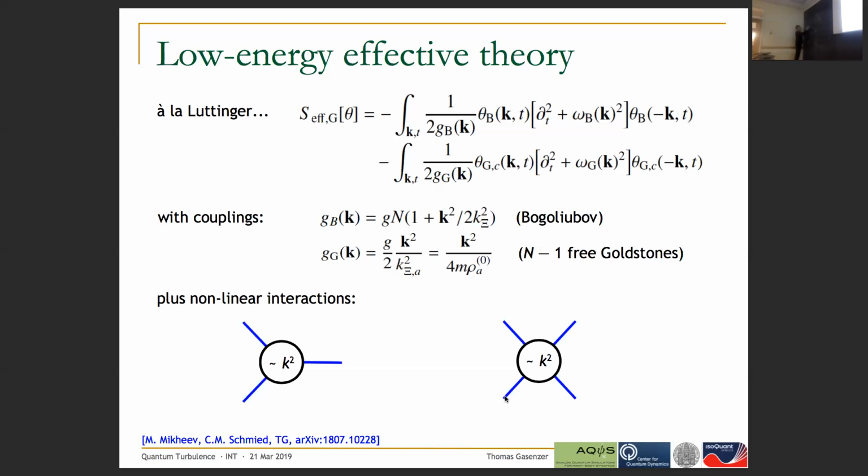This distribution is dominated by these low energy modes, and so you expand around them in the density. That's why you don't have to care about the phase. It's different than what you usually do in a condensate, where you expand around a field expectation value. You don't do that here.